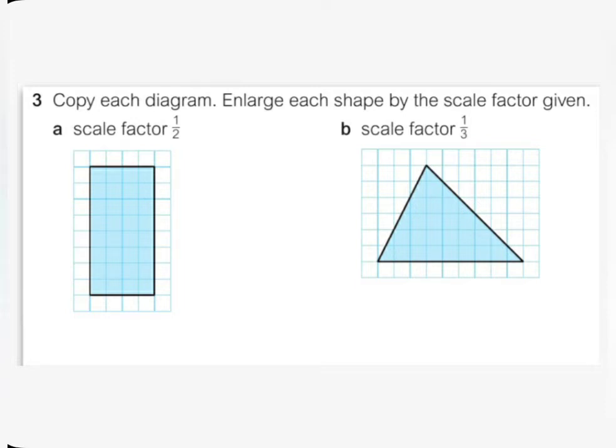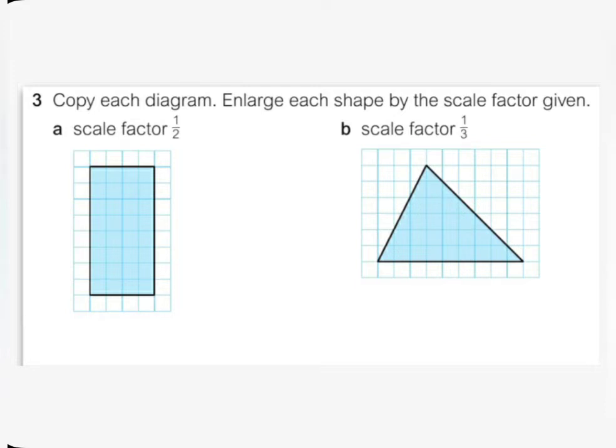But if you have a negative scale factor, it means the center of enlargement will be between the shapes. The same thing happens for a fractional scale factor. If the fraction is positive, it means the two shapes are at the same side. And if the fraction is negative, it means that the center of enlargement will be between the two shapes.